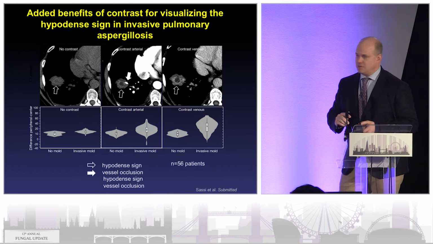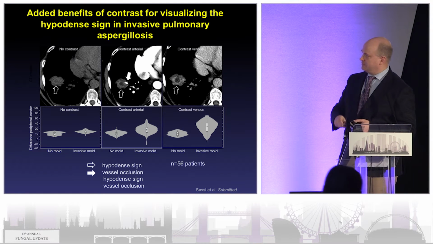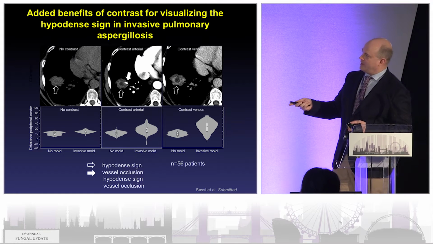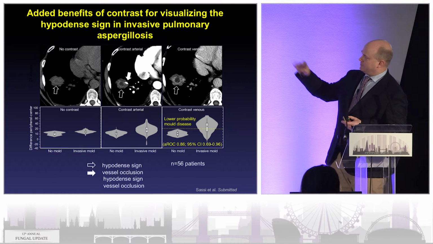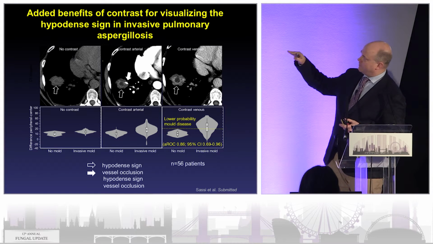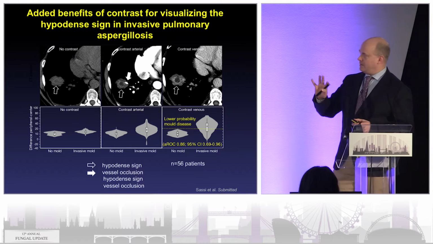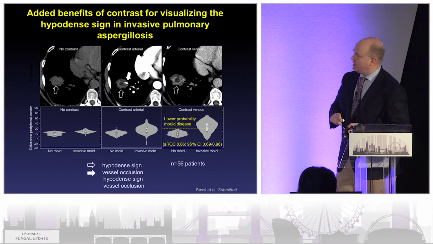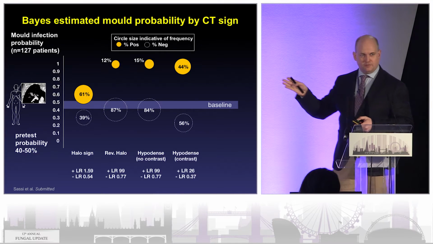And we think that this may be a useful backup sign for detecting invasive fungal disease in the lung, even when angiography fails. And in fact, a cutoff of a certain range could be defined for patients during the venous phase. It seemed to suggest when you could call it a hypodense sign that's higher probability for invasive mold disease. So maybe, I think, we need to look.